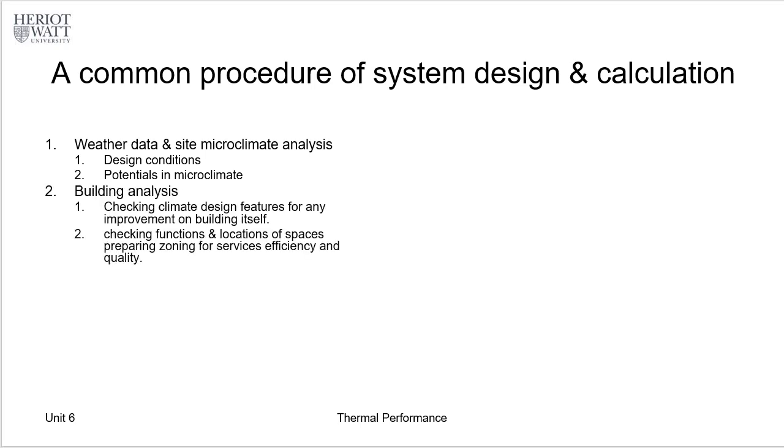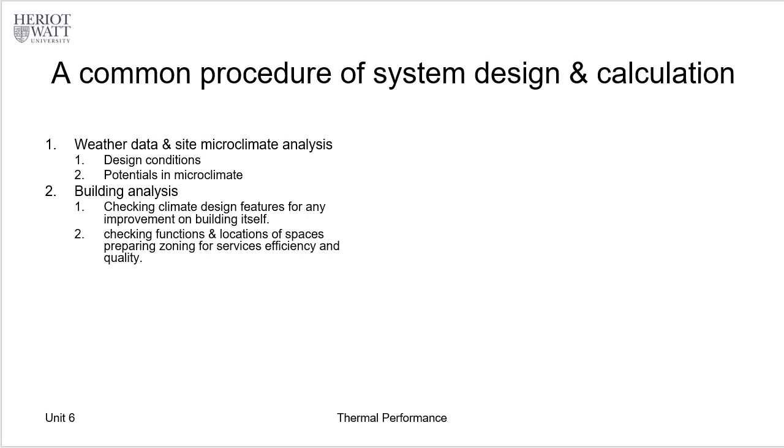Then, the second biggest task is to conduct a building analysis, checking if the building reflects the local climate, for example, thermal mass, solar control, and so on. And then the second one in building analysis is to look at the functions of the spaces in that building.